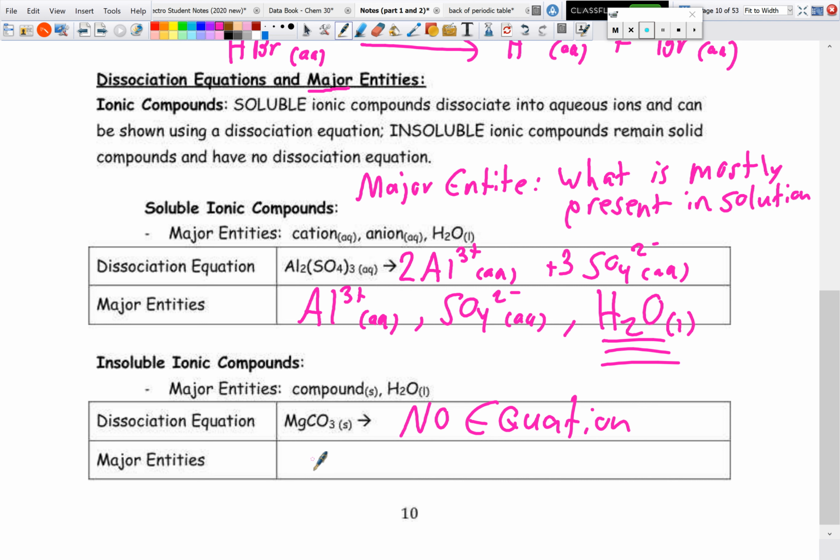As for the major entities, if magnesium carbonate didn't dissociate, it's staying as MgCO3 and it's solid. Of course we tried to dissolve it in water, so water is still going to be a major entity. Water is always going to show up as a major entity. And that looks like a G, that should be an S.